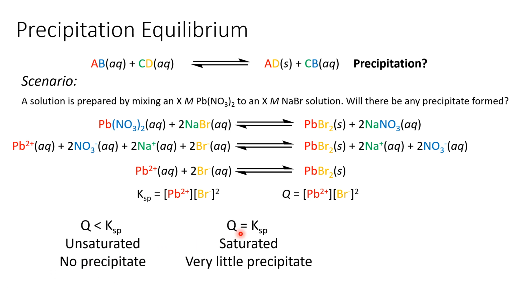What happens when Q is equal to KSP though? Now we're at equilibrium, which tells you that now you have very little precipitate, very little solid. You guys know that precipitate just means solid, right?